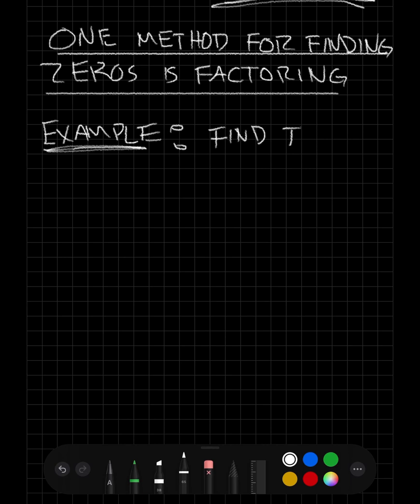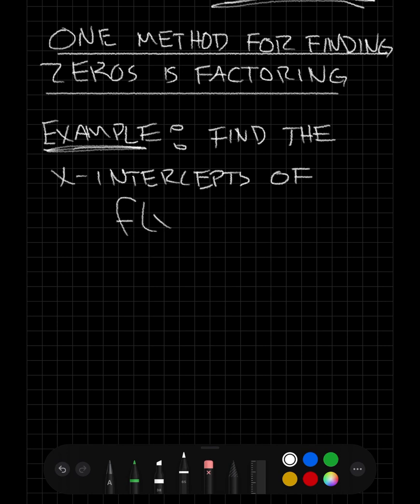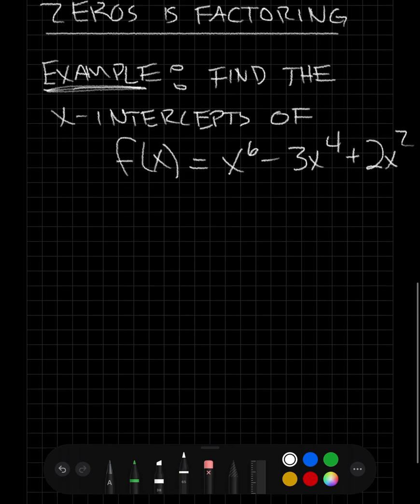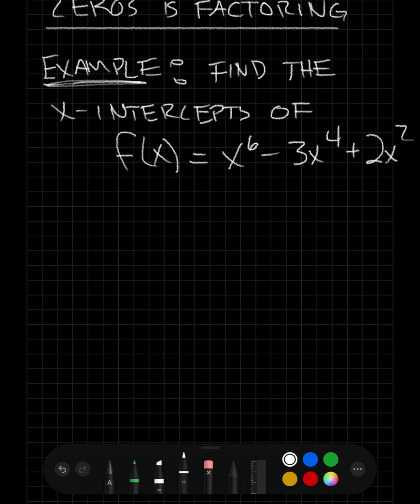So I'm going to say find the x-intercepts of f of x is equal to x to the 6th minus 3x to the 4th plus 2x squared. And we're going to do that by factoring. So when I'm factoring, there's really just two things I'm going to do.